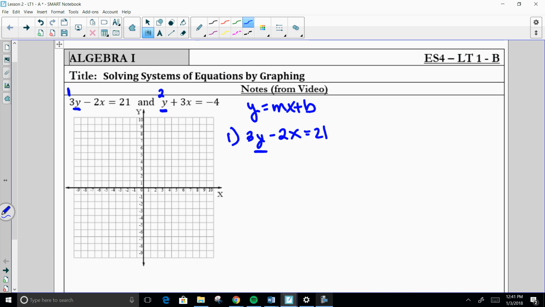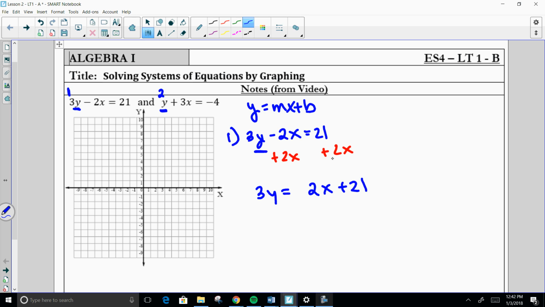Just like what we learned in previous units, we're going to take this 2x and move it to the right side by doing the inverse operation of how it's connected to the y. It's connected with the subtraction sign. So I'm going to add 2x to the left side and to the right side of the equation. And when I do that, I'm going to be left with 3y equals 2x plus 21.